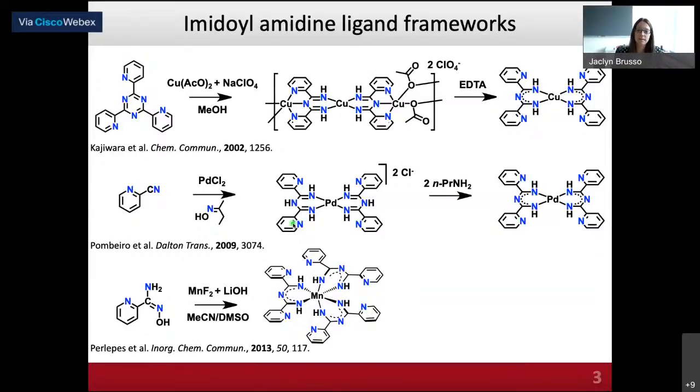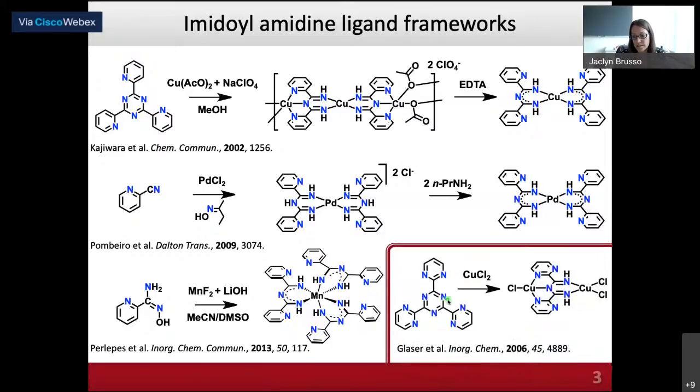And then the final example that I'd like to share is this dinuclear copper complex in which the copper centers are bridged through this bis-pyrimidyl imidoyl amidine, which is fabricated through thermal decomposition of the triazine, similar to that first example reported in 2002 for the bis-pyridyl ligand framework.